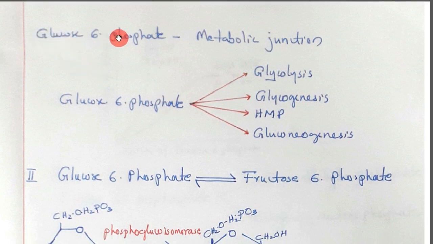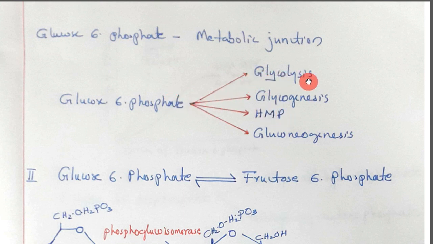The glucose 6-phosphate, the product of the first step of glycolysis, is said to be a metabolic junction because the glucose 6-phosphate has so many fates.